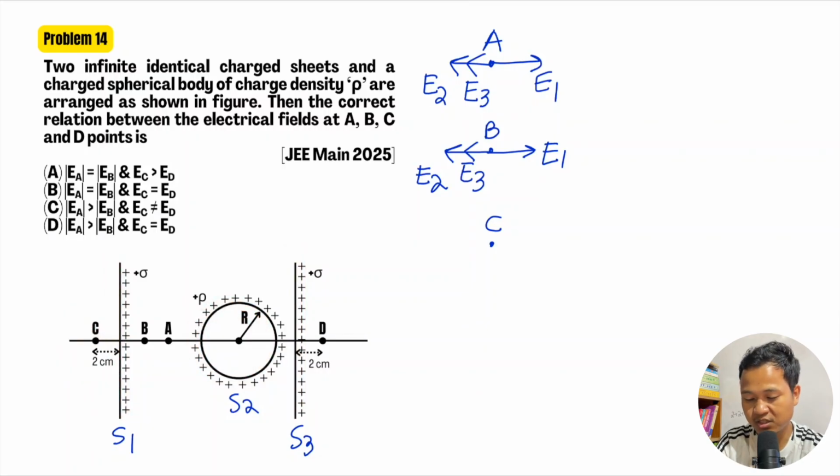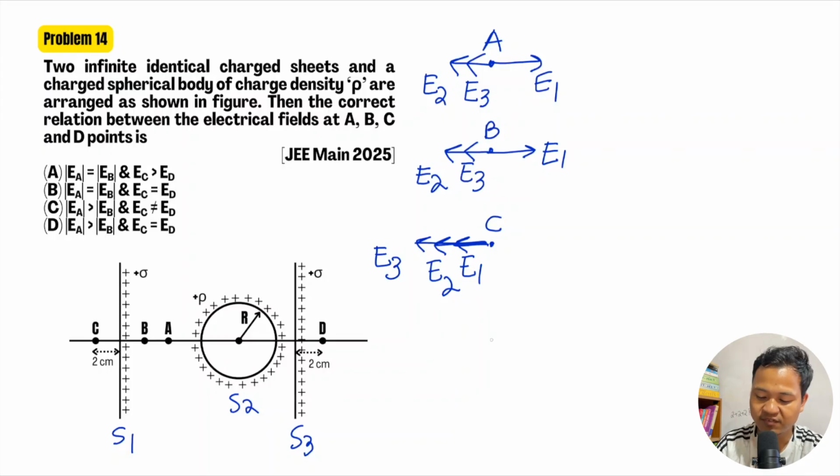Plus charge, electric field is away from the charge. So here I will have E1, E2, and E3. Finally D: electric field along this side, along this side, along this side, E1, E2, and E3.